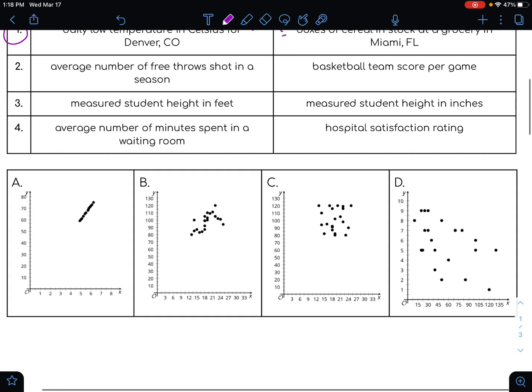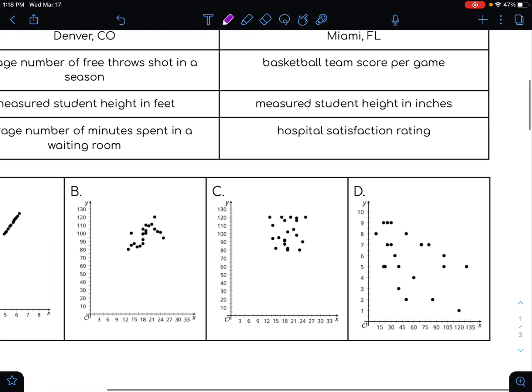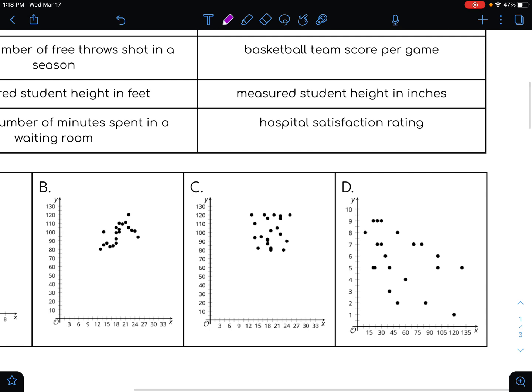Okay, so let's see which ones. Looking at the more scattered scatter plots, I think you're maybe honing in on C and D. Now, at first, D kind of looks like it's more scattered, but in D you do have a bit of a relationship here. As one goes up, the other one seems to be going down.